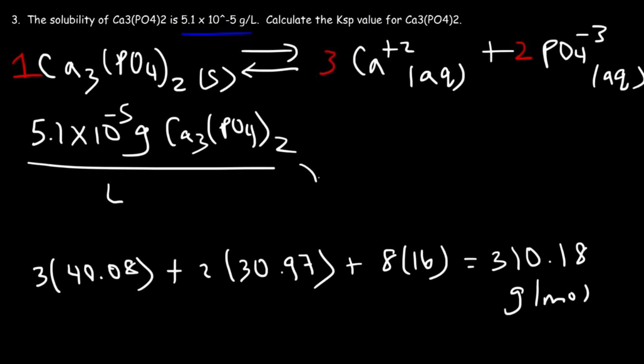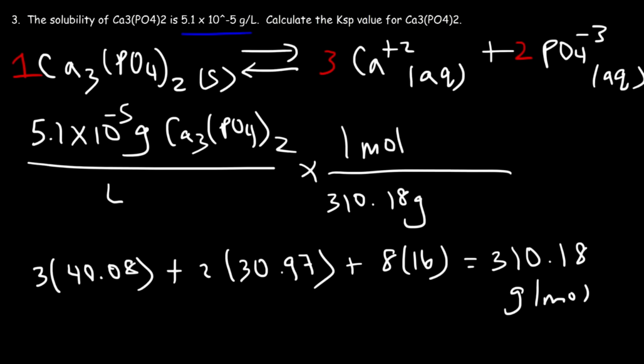grams per mole. So we can say that there's 310.18 grams of calcium phosphate per 1 mole of calcium phosphate. So these units will cancel.